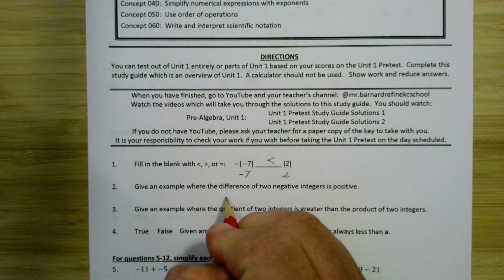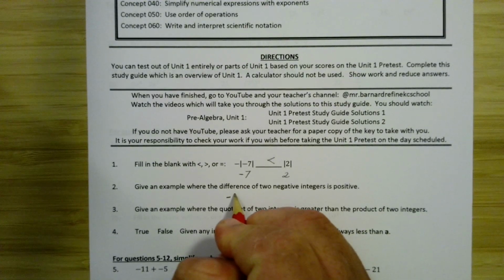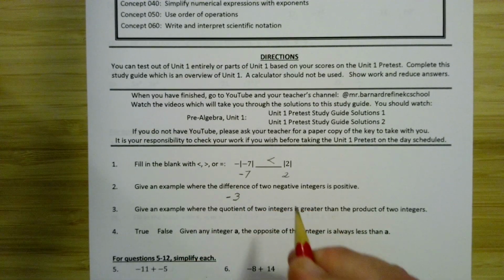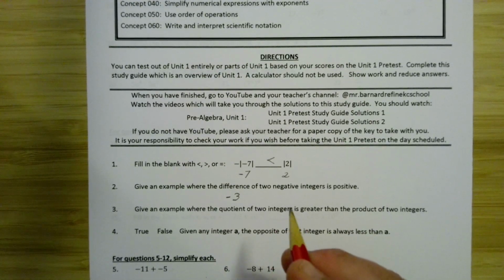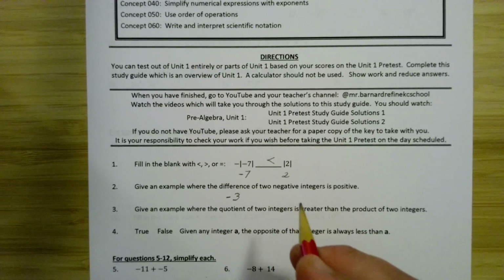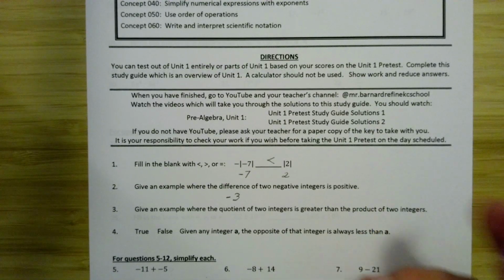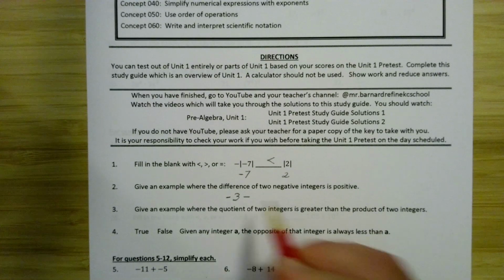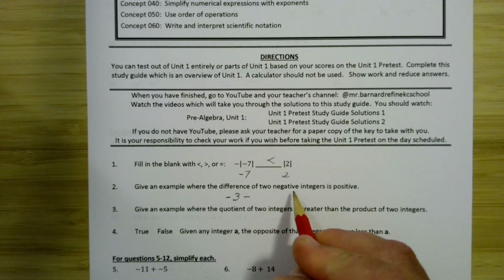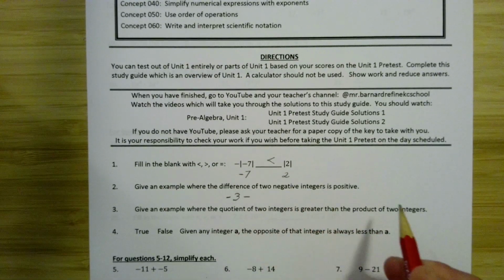Number 2, give an example where the difference of two negative integers is positive. So let's start with an integer like -3. Remember, an integer is a positive, negative, or neutral number that doesn't have any parts, like -3 or 0 or 5. Difference means subtract, and because we're going to subtract integers, we're going to have to add the opposite.